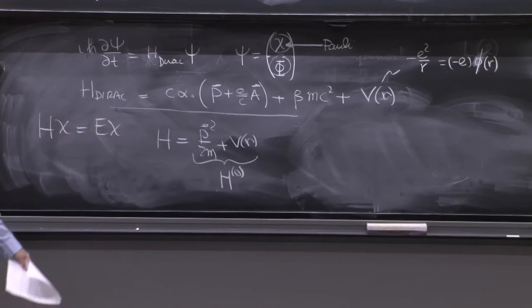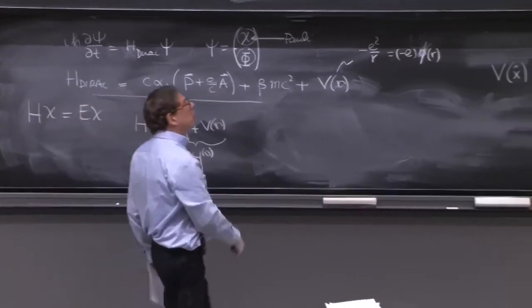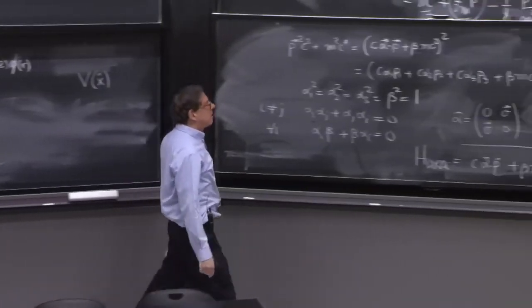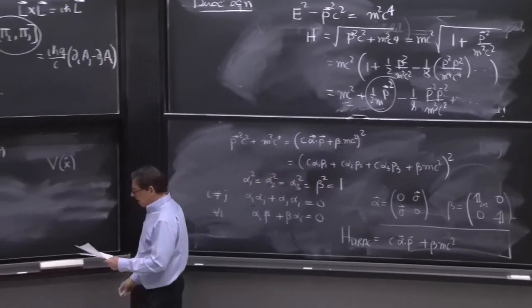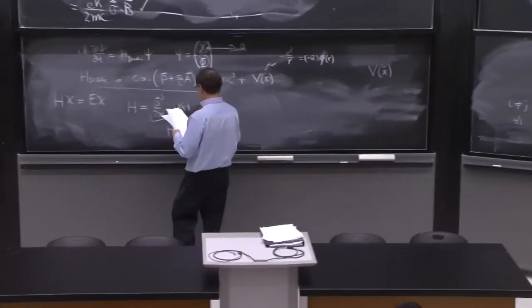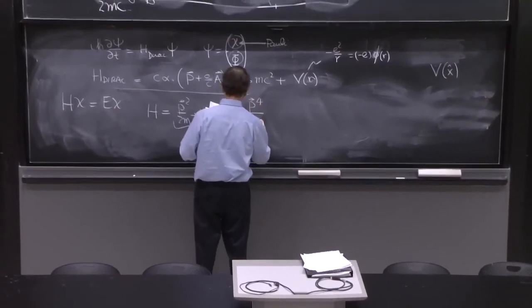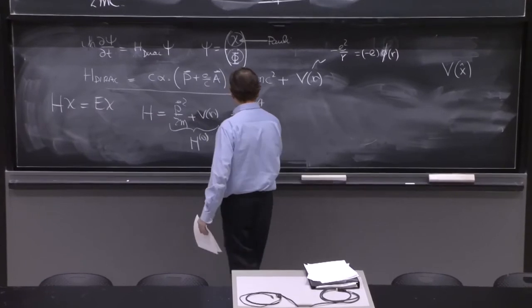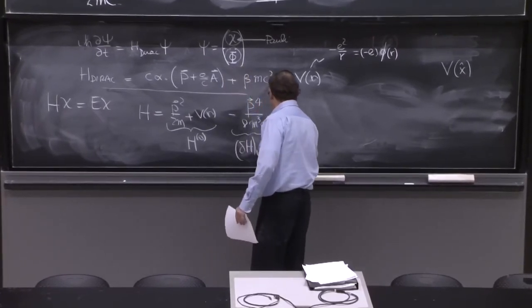It's there. It's the first term. That's what you would expect. Then there is that term that we anticipated as a relativistic correction here. So it comes like minus p to the fourth over 8m cubed c squared, and we call this delta H relativistic.